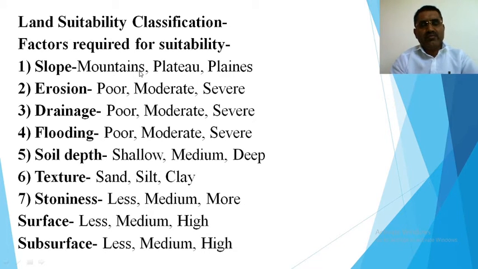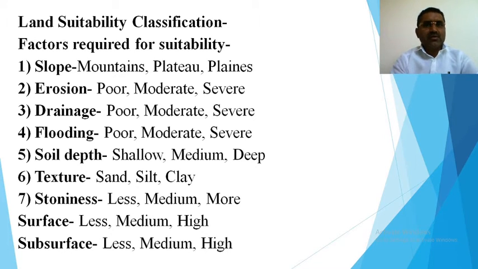Mountains are unfavorable for the practice of agriculture as compared to plateaus and plains. But as compared to mountains, plateaus are easier for agriculture, and as compared to mountains and plateaus, plains are most suitable for the practice of agriculture.